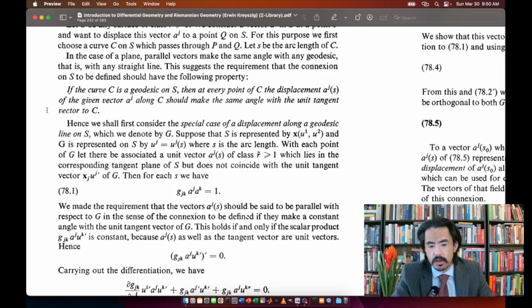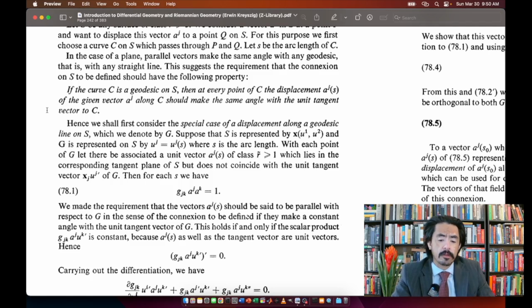This suggests the requirement that the connection on capital S to be defined should have the following property. If the curve C is a geodesic on capital S, then at every point of C, the displacement A superscript J of lowercase s of the given vector A superscript J along C should make the same angle with the unit tangent vector to C.